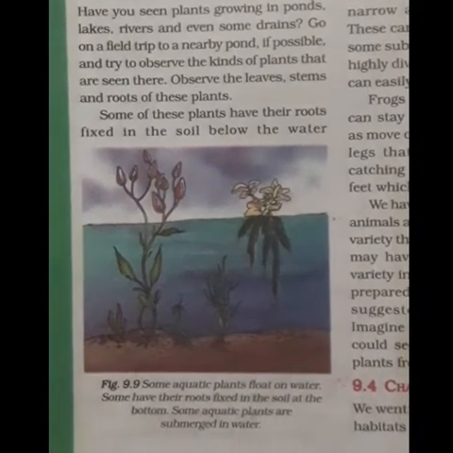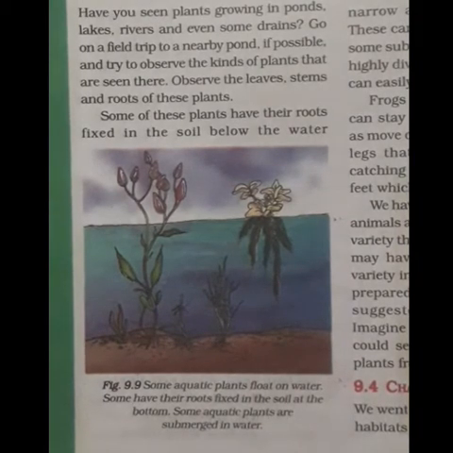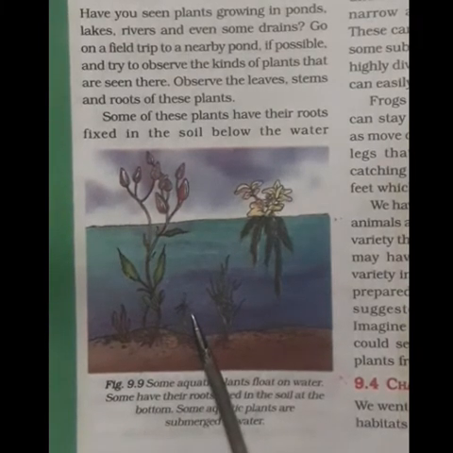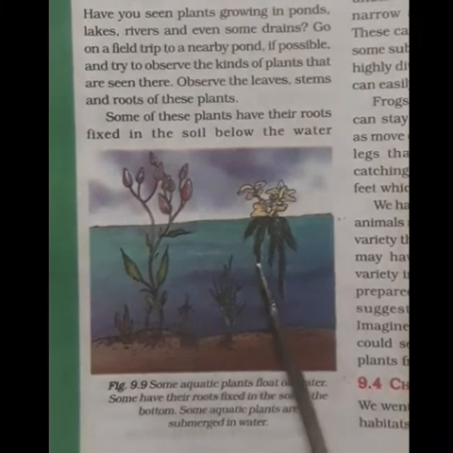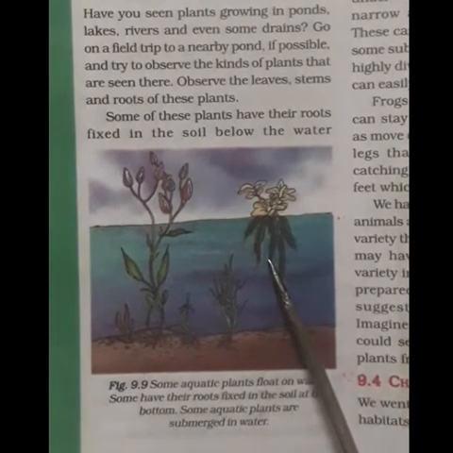Now let us study about the ponds and lakes, which belong to the aquatic habitat. If you study the plants that live in ponds and lakes, we can see that their roots are very small. Some of the plants have their roots fixed in the soil below the water.